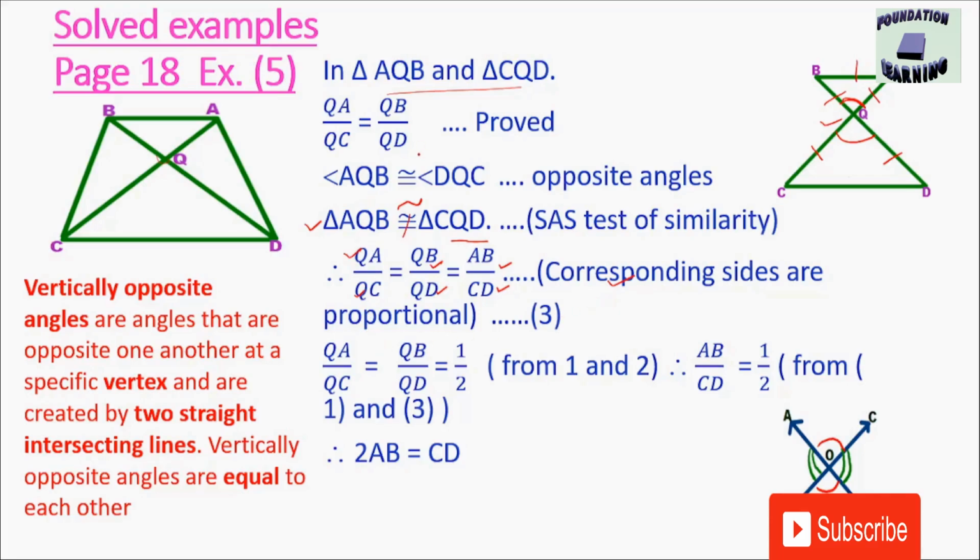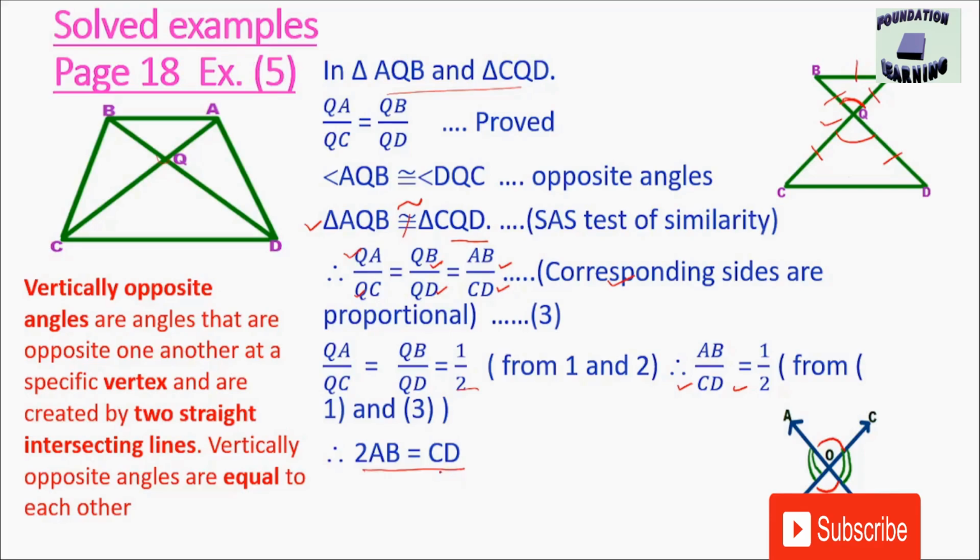We know that QB upon QD is also half. And since everything is equal, therefore the value of AB upon CD is equal to half. From 1, 2 and 3 we have got that AB upon CD is half. Then when you cross multiply, you get 2AB equal to CD.